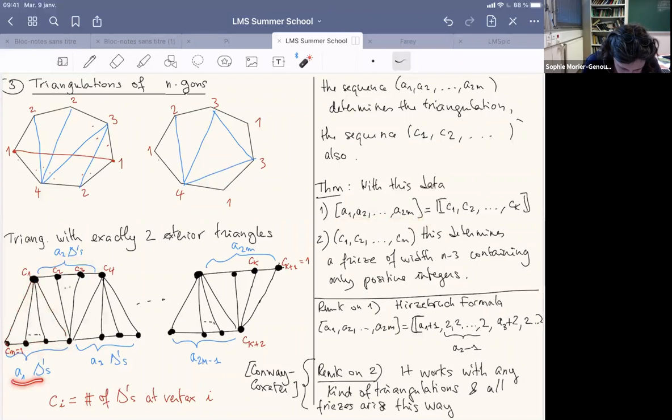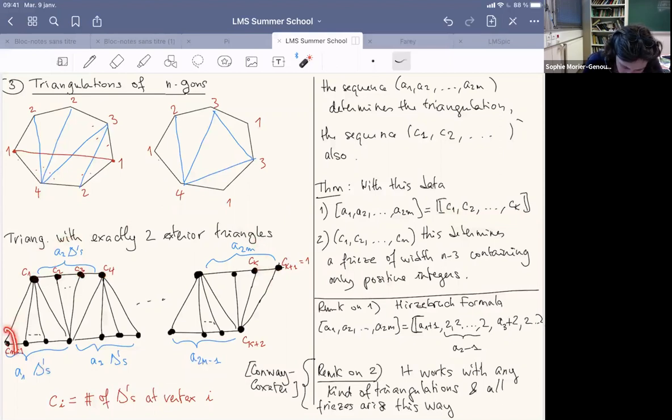So A1 triangle down, A2 up, A3 down, and so on. If I plug in this number in a continued fraction, I get a rational, and that's the same rational that I get if I compute with a negative expansion from the quiddity sequence. In this picture, I don't need the full sequence, I just need a part of the quiddity sequence.